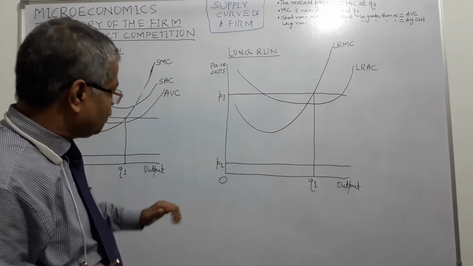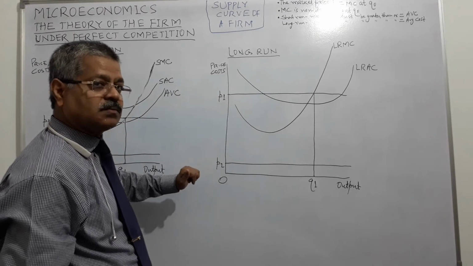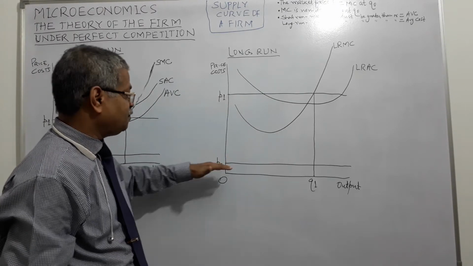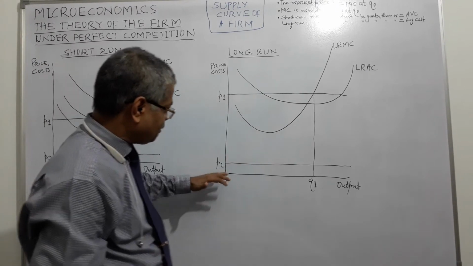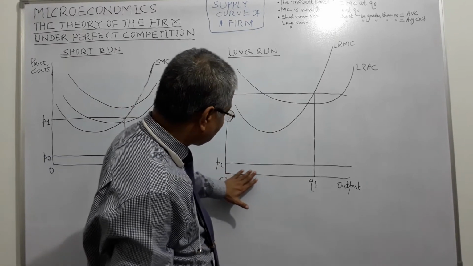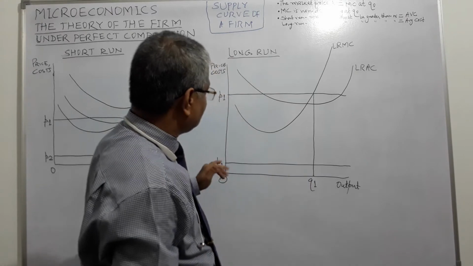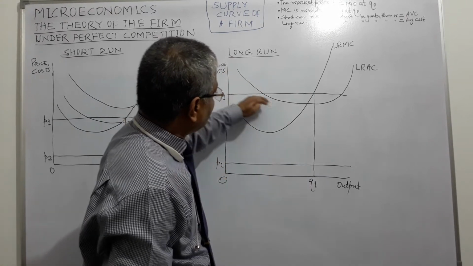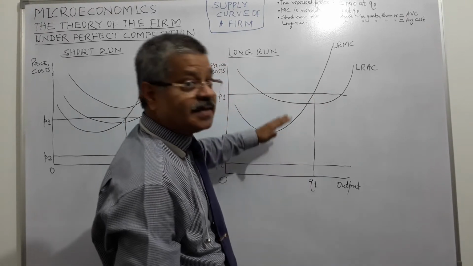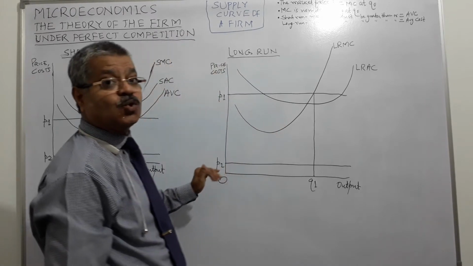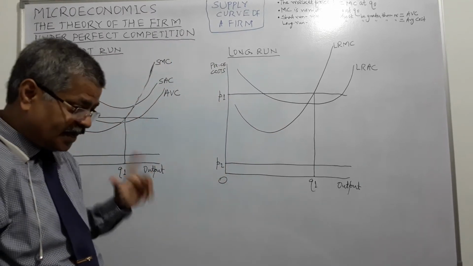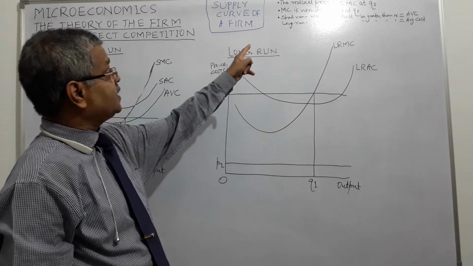Now let us presume a lower price, P2. At P2, for all positive output levels, if you move like this, you will find that the long run average cost is higher and P2 is lower. So the third condition cannot be met.